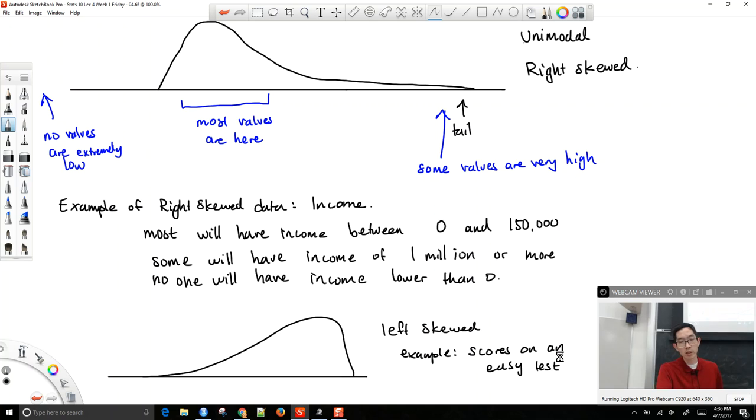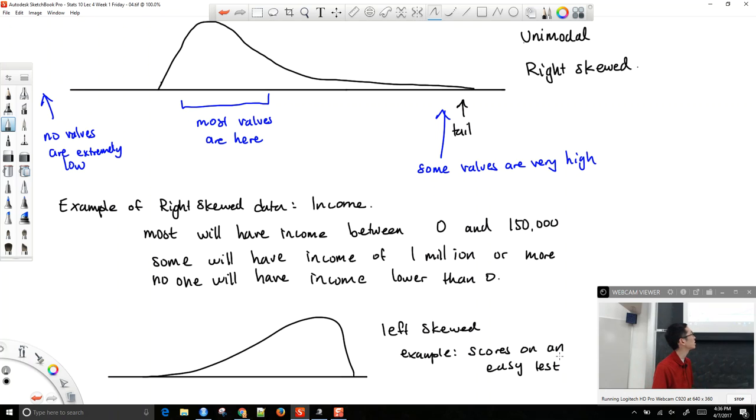With an easy test, maybe a lot of people are getting 85, 90, close to 100, but you're not going to have anybody going over 100%. But even though it's an easy test, you might have some people getting 40% or 35% or something like that. And so this would be left skewed.